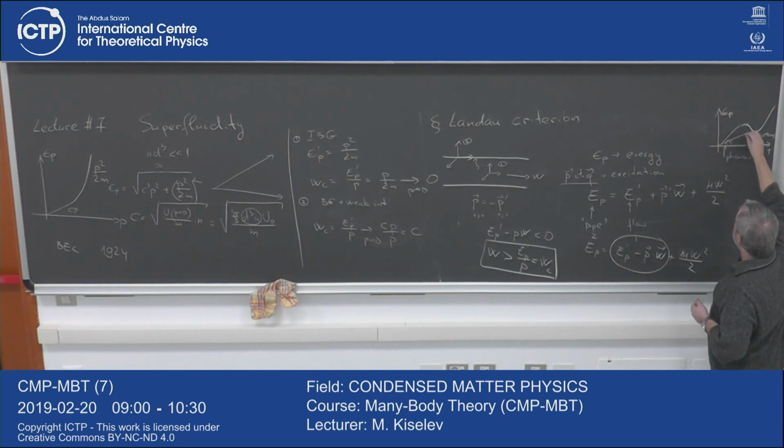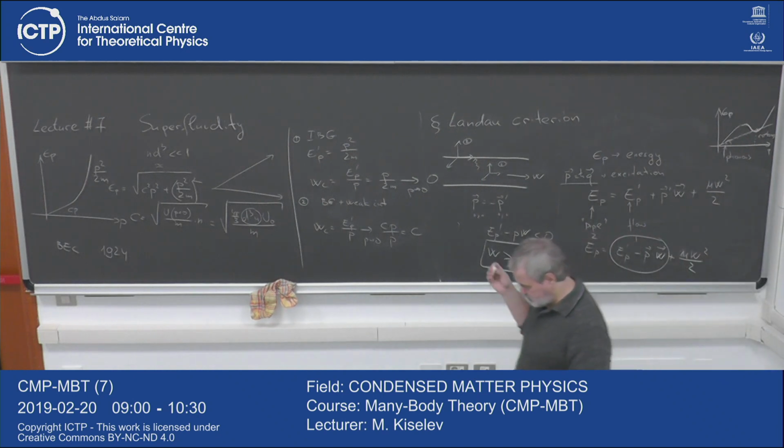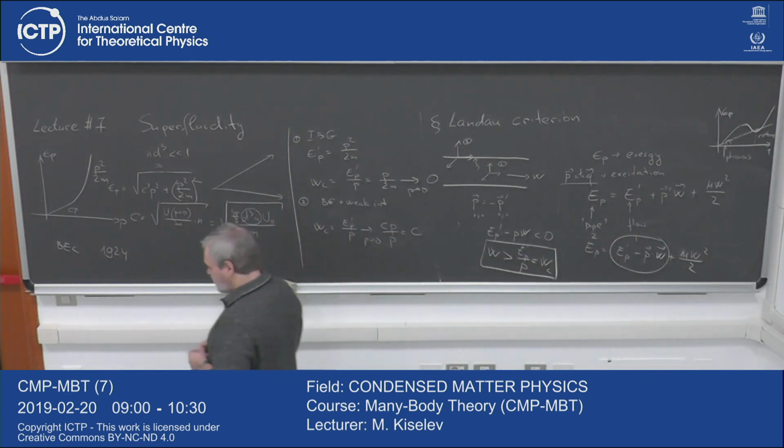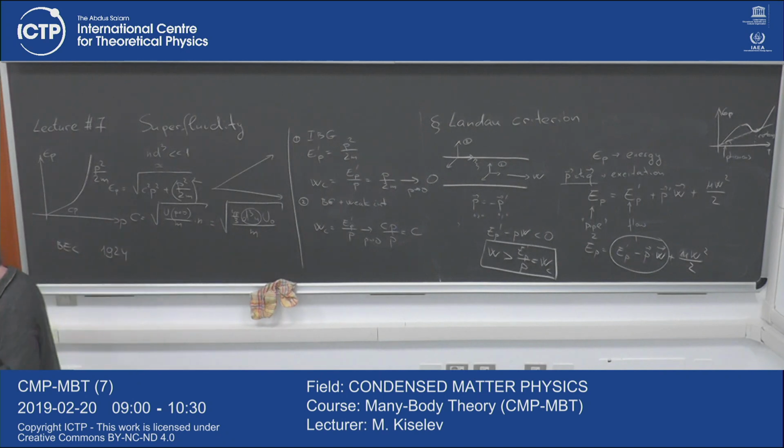We need to put a tangent, because there is another minimum, and the critical velocity will be defined by the tangent to the system. We come back to this a bit later, and we discuss more about that on Friday.